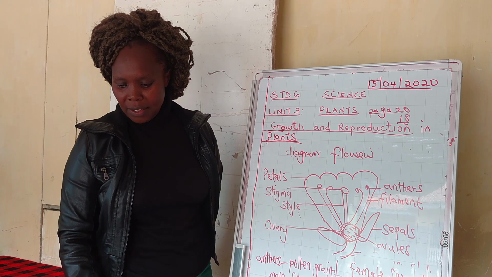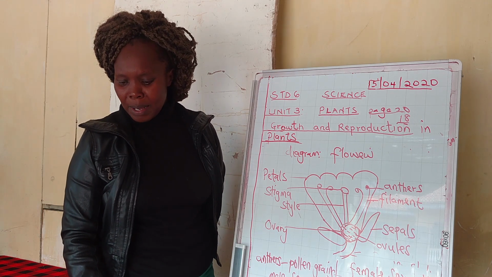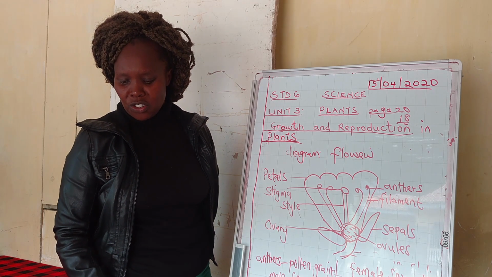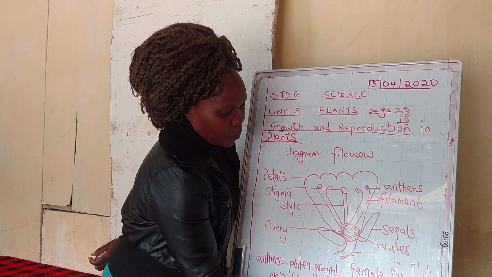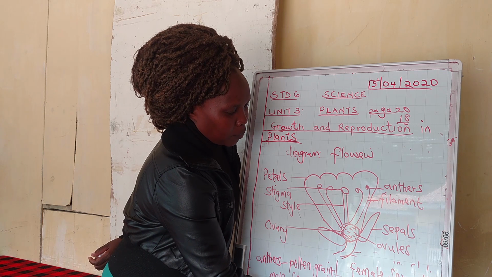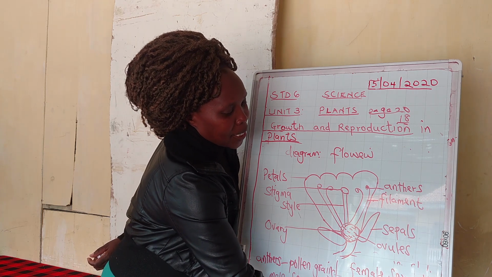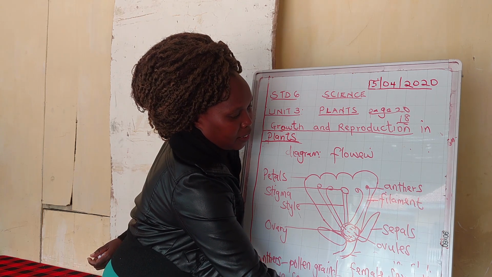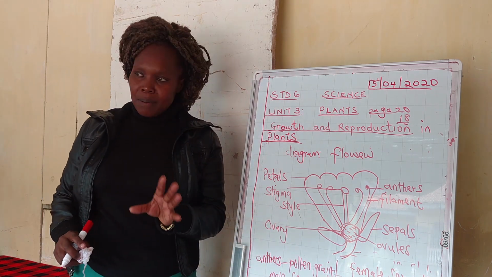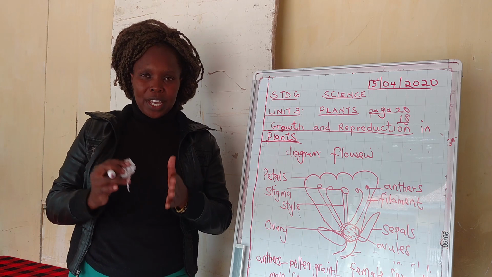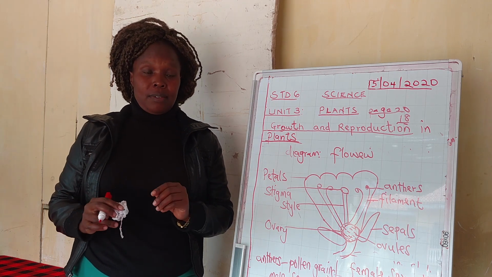What about the female parts of a flower? The female parts of a flower are collectively known as the pistil. Remember, we have said that the male parts of a flower together are called the stamen.